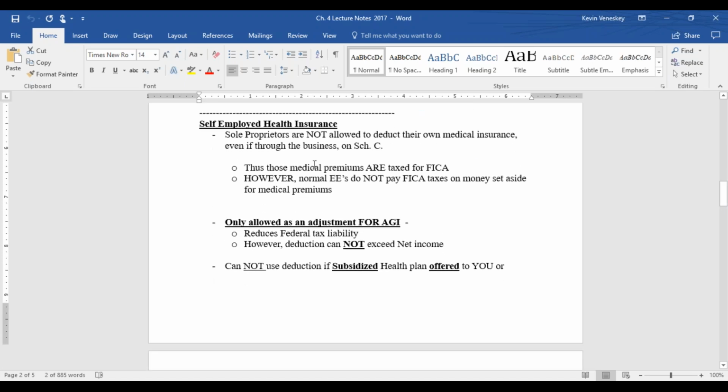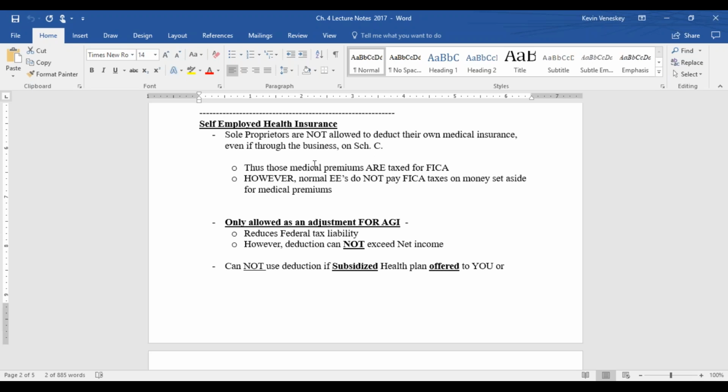Self-employed health insurance. When you're self-employed, this is one of the items you cannot take as a deduction on your Schedule C. It's one of the odd ones, and I've never really been given a good reason why you can't deduct self-employed health insurance. When you compare it to being an employee, employees do not pay Social Security and Medicare taxes on the health care premiums that they pay through their job.